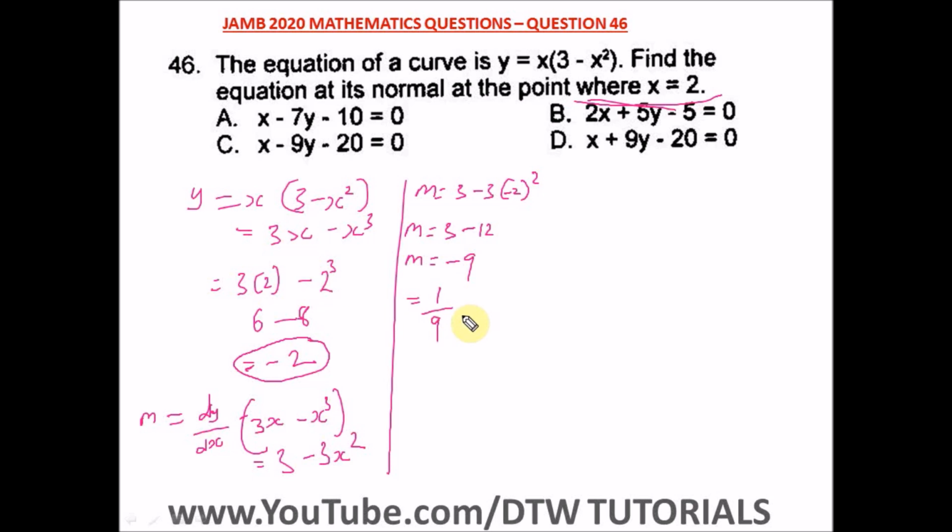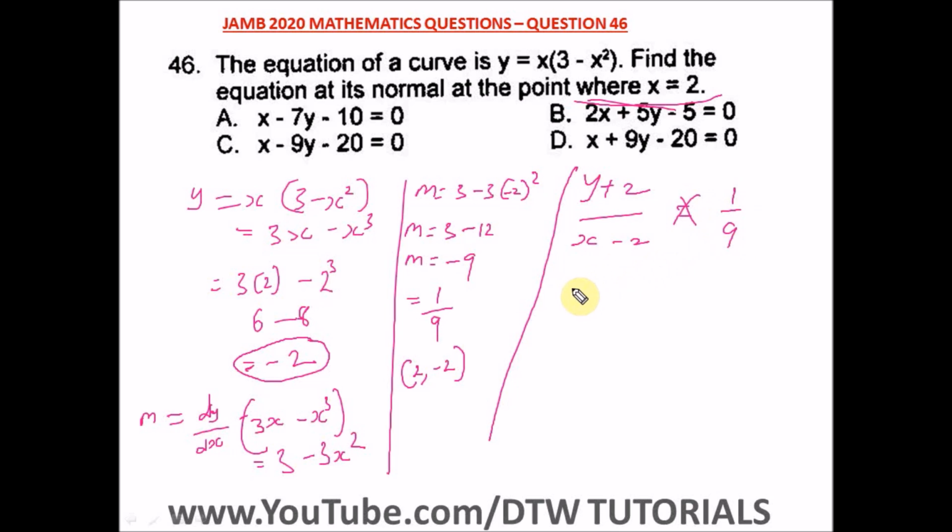So therefore the equation of the normal through this point, (2, -2), will then be the change in y over the change in x, or (y + 2)/(x - 2) equals 1/9.